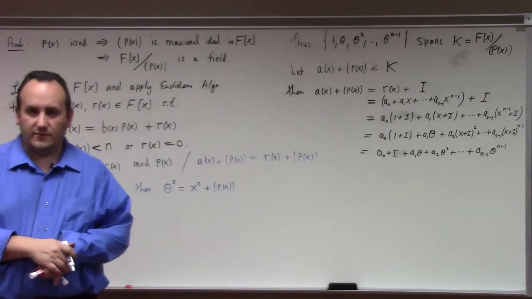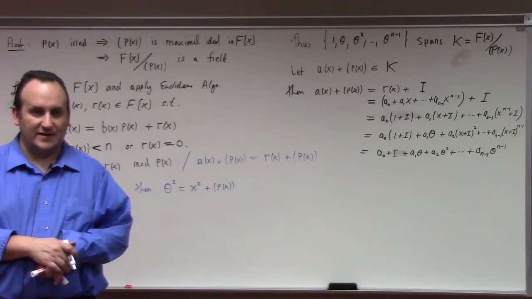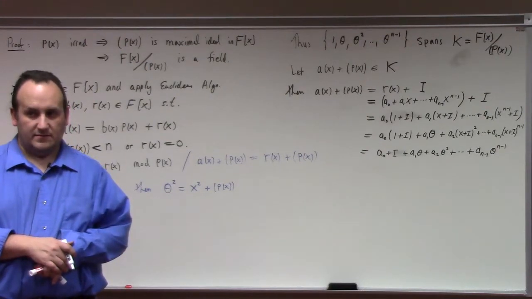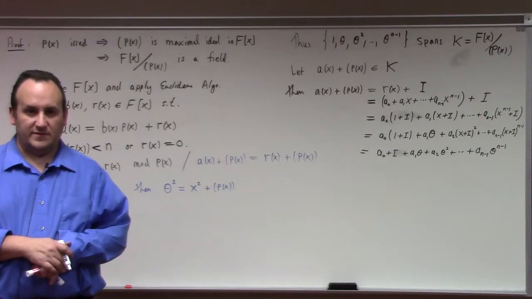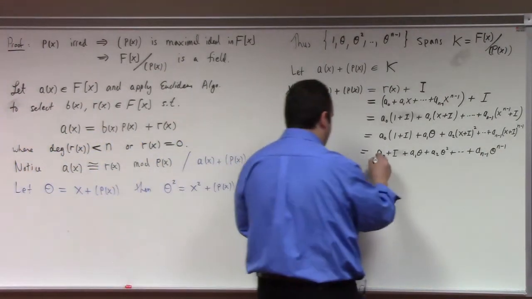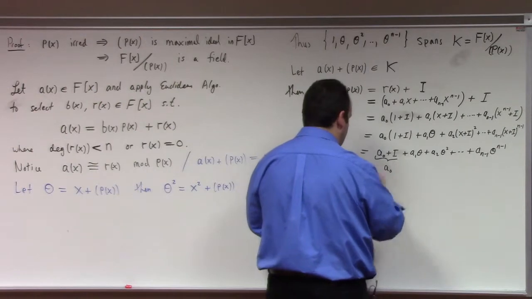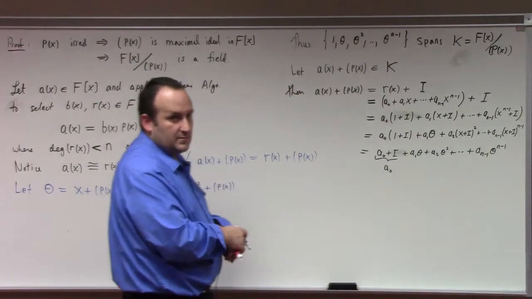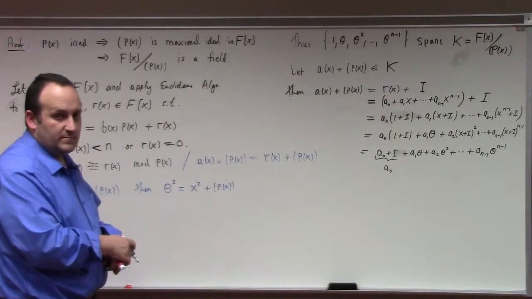And so if we agree to suppress the coset for the constants, if we agree that we're just going to abuse notation and replace this a0 plus I simply with a0, then we got it.